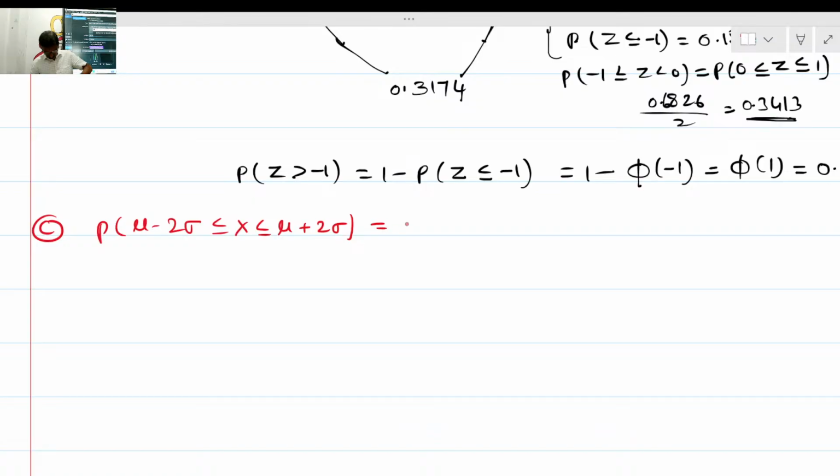Now here the integral from mu minus 2 sigma to mu plus 2 sigma of f of x dx is very typical to solve. The integrand is very typical.